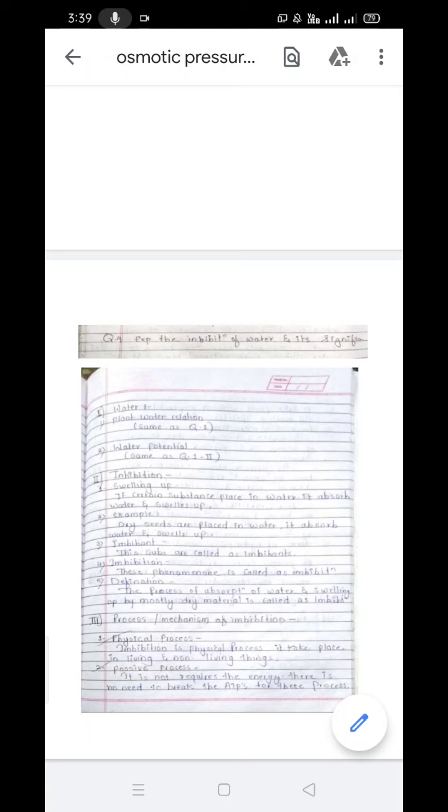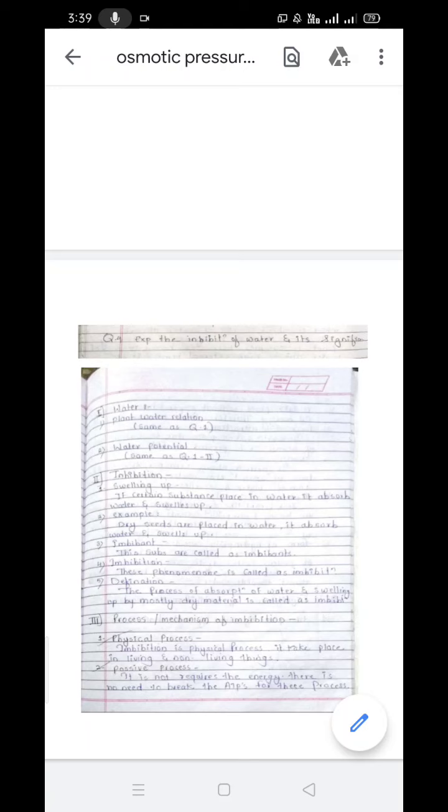That means if any substances are placed in water and they absorb the water and swell up, then this phenomenon is called imbibition.